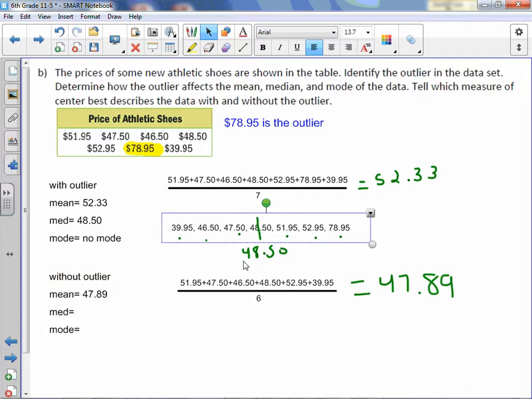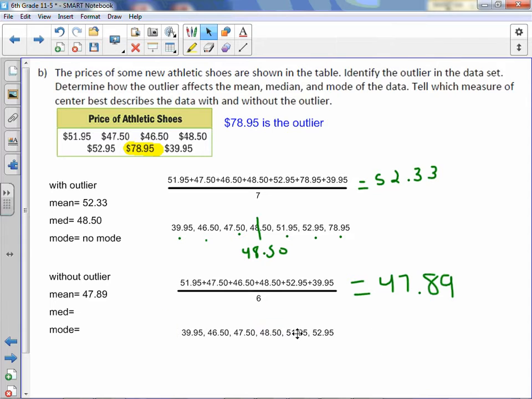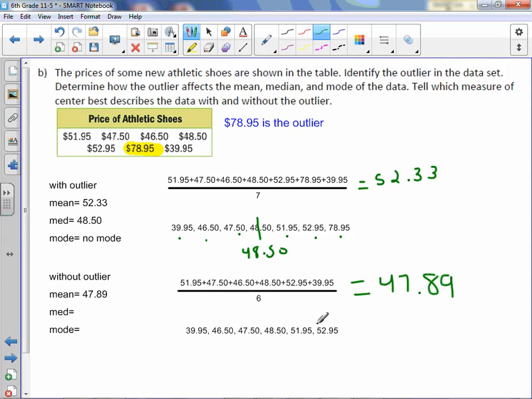Our median, again, let's order from least to greatest, but remove that outlier of 78.95. And when we do this, our median is in between these two values. So let's add 47.50 plus 48.50, divide by 2, and we get $48 even.